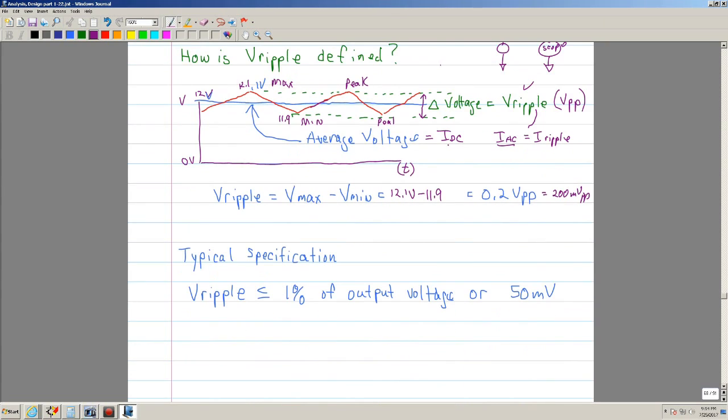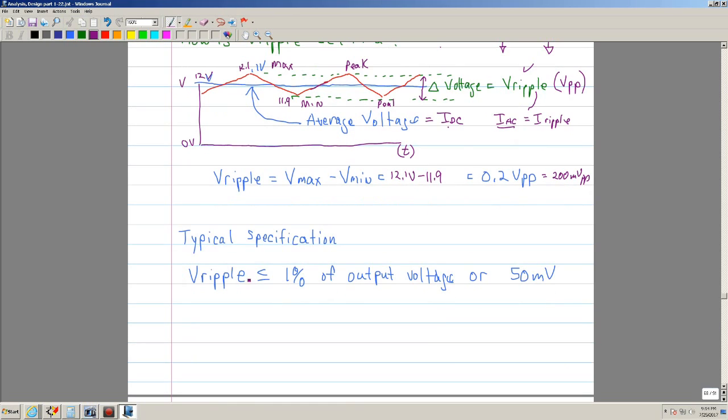Okay, so here are some typical specifications that I've seen. Typical is less than or equal to 1% of the output voltage. So if you have a 5 volt supply, that would translate to 50 millivolts.